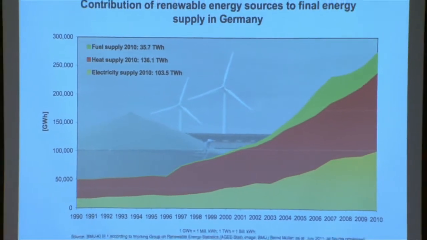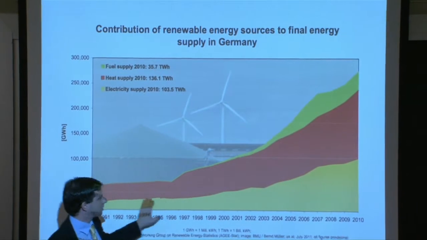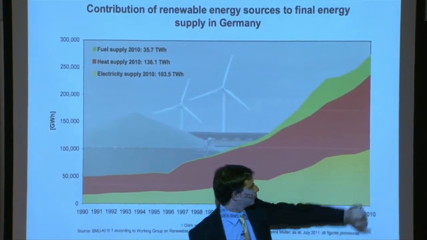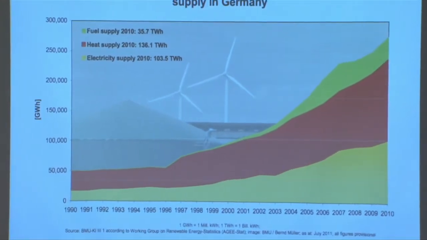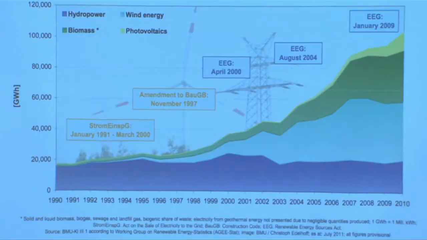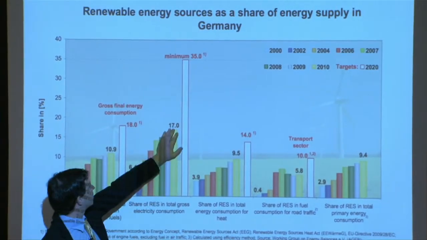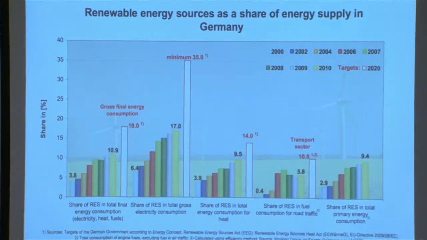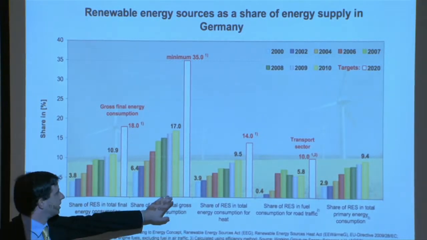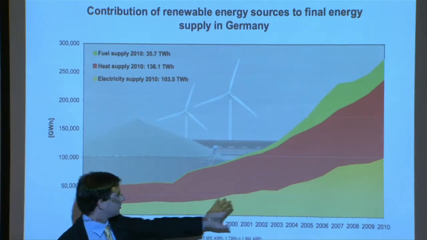This is the electricity, heat supply, and fuel supply breakdown. If we just look at the electricity component right here, since that's where PV falls and contributes, you can see it's growing. What you have to keep in mind is this 17% of electricity consumption coming from renewables. The 17% is this amount here, the yellow bar.